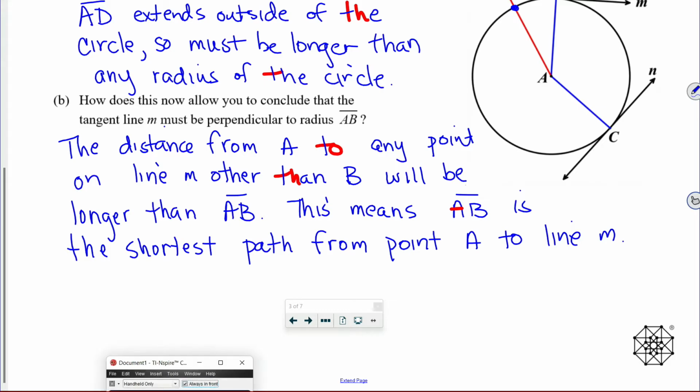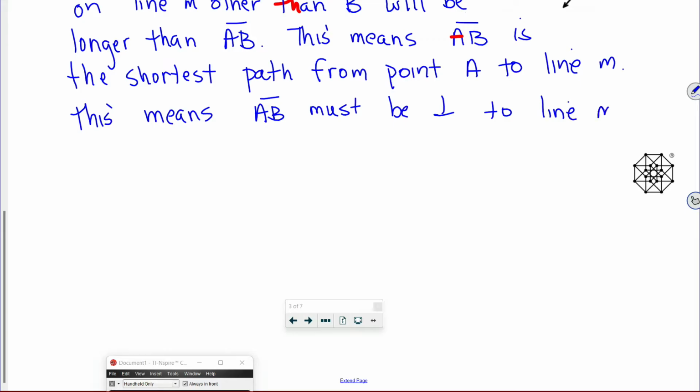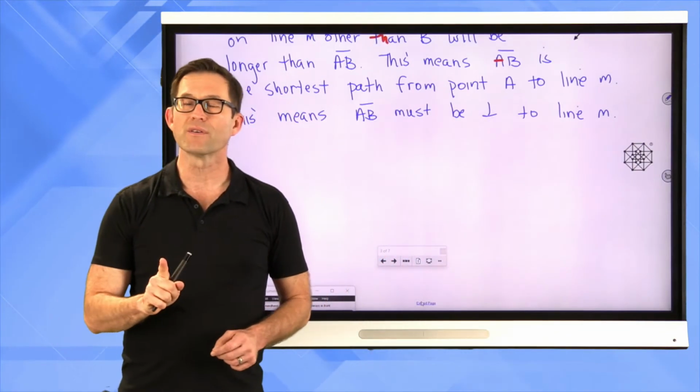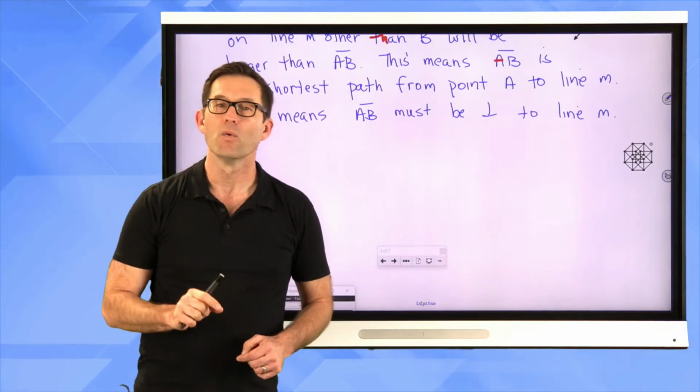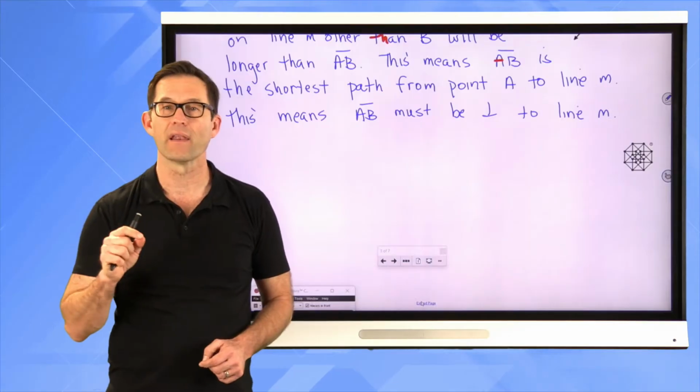Let me move this out of the way. And this means AB must be perpendicular to line M. The shortest path from any point to a line will be along a line segment that is perpendicular to that line.